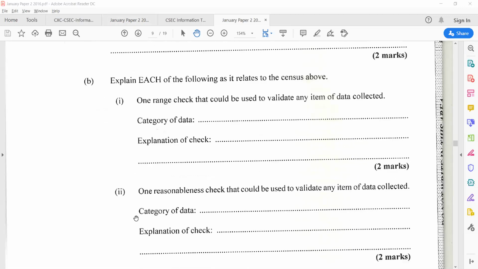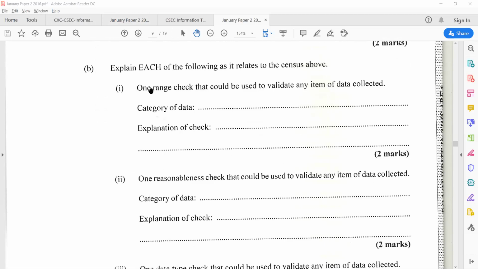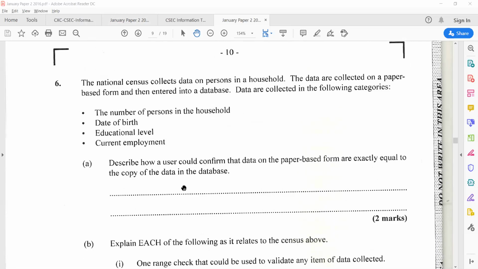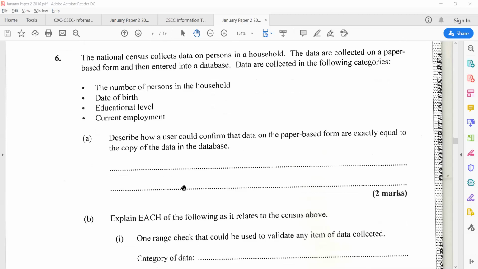Second part of the question, explain each of the following as it relates to the census above. So they want you to give one range check that could be used to validate any item of data collected. So what is the category of data could be used for a range check, and then explain the check. You have these 4 fields. Which one could be used for a range check? Which category?